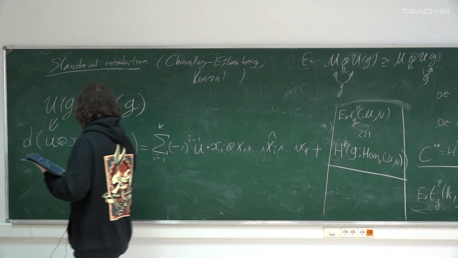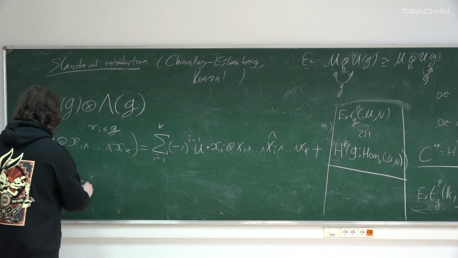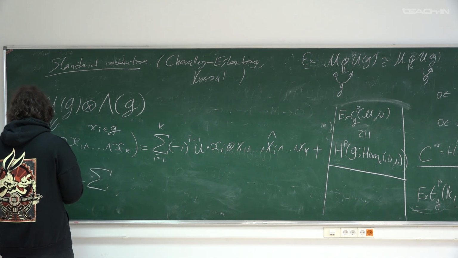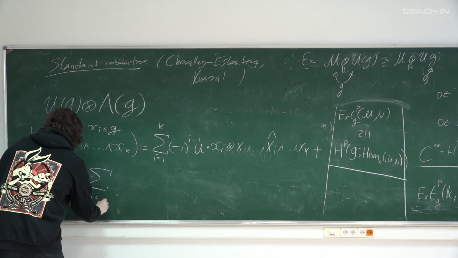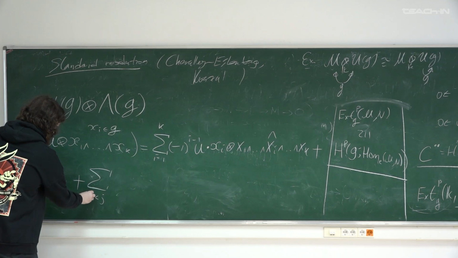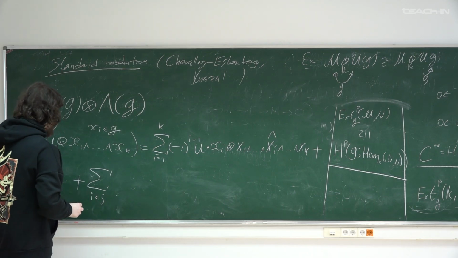And we have another part, where the sum is over all pairs where i is smaller than j.